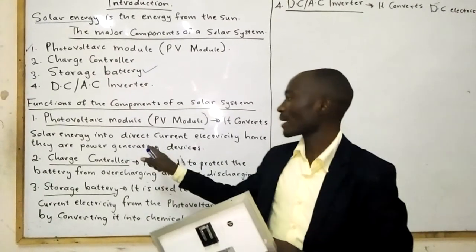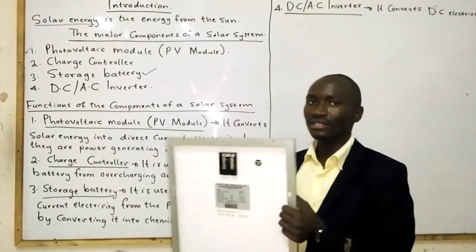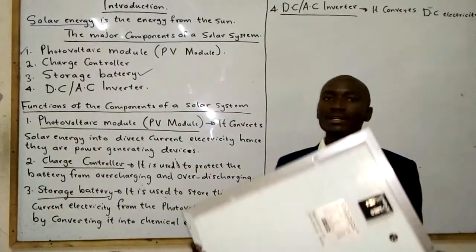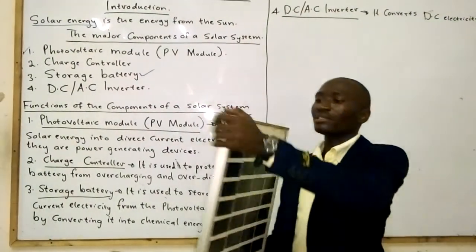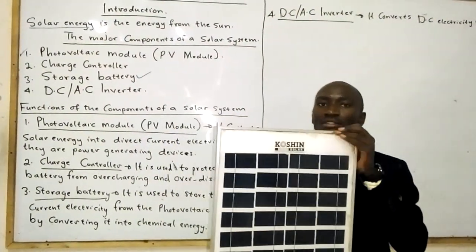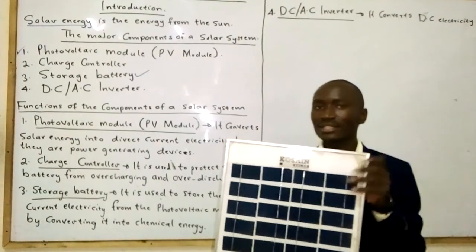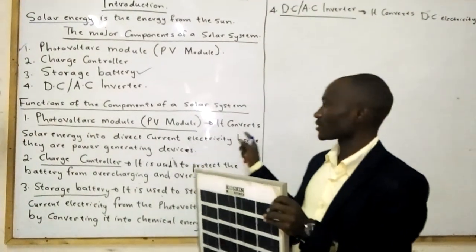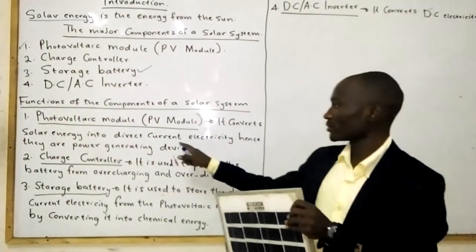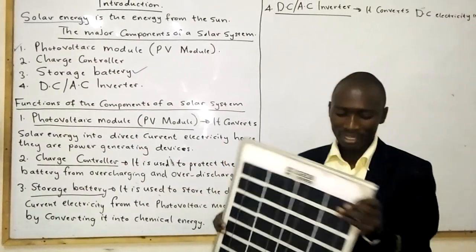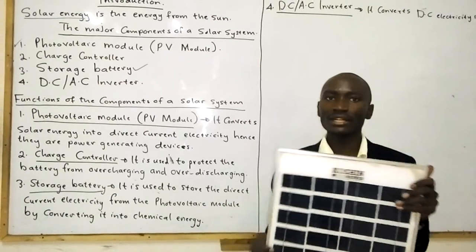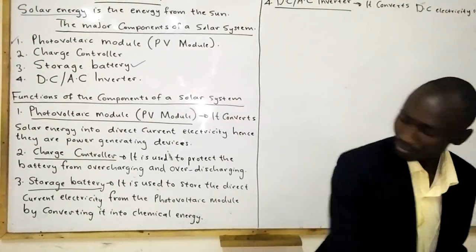Hence, they are power generating devices. In short, this is the one that generates the power in solar energy, but it generates the power in the form of DC electricity. That's why we are saying it is a power generating device.